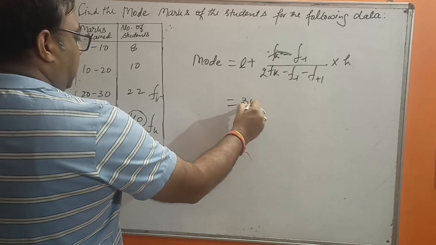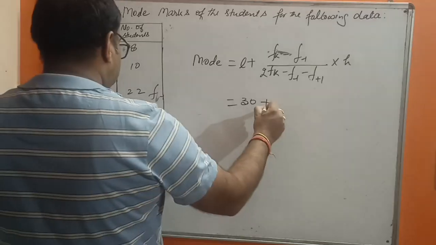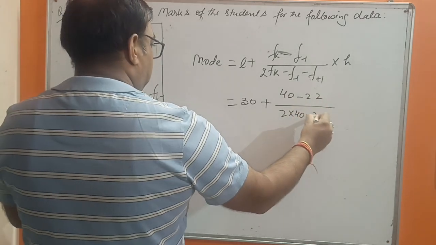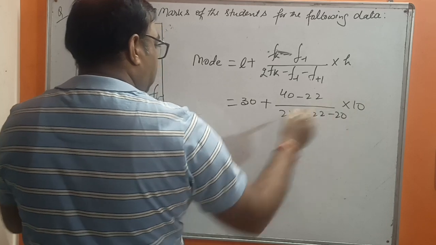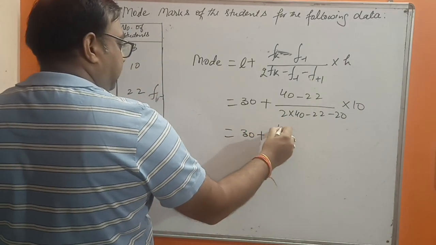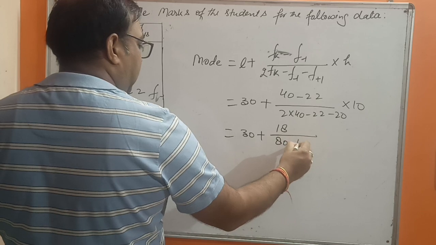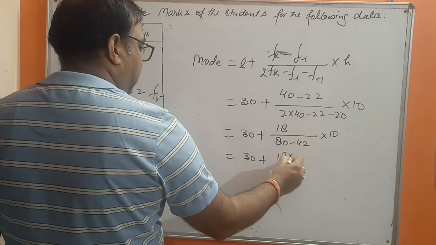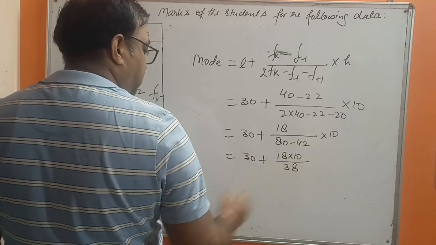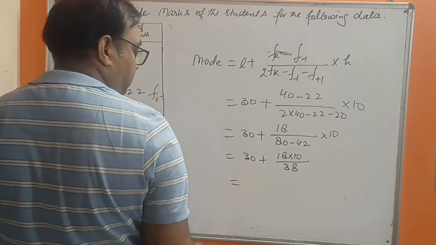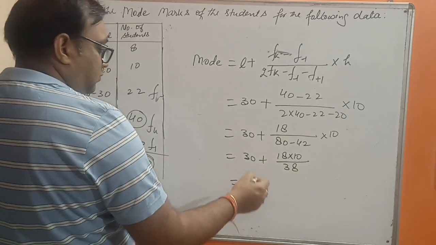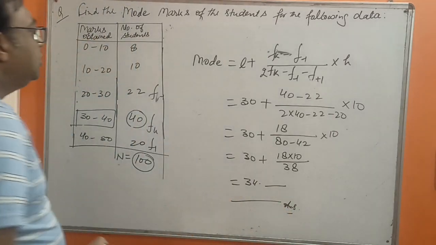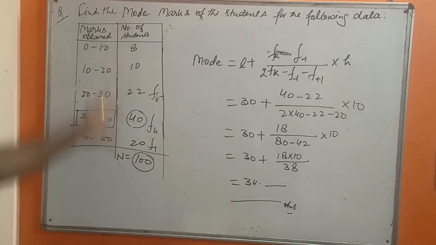Lower limit for the frequency class is 30 plus (Fk is 40 minus 22) upon (2 into 40 minus 22 minus 20) into 10. So 30 plus 18 upon 80 minus 42 into 10, or 30 plus 18 into 10 upon 38. This is around 34 point something. So this is the mode for the given grouped data.